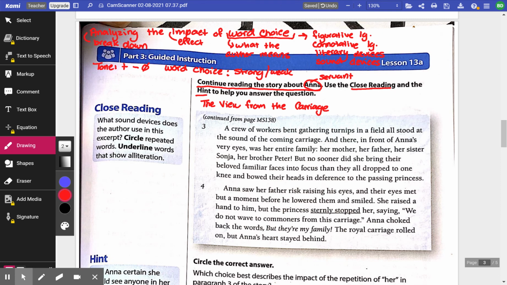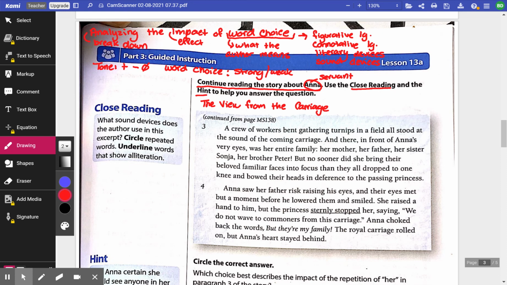And Anna is riding in this carriage with Princess Sophia, right? And where we left off, she had realized the road that they were traveling on is the road that would lead her back to her home where her family is. And she's excited about this road, she's excited about being on the road, but she also has to restrain her feelings because Princess Sophia has certain expectations for her.